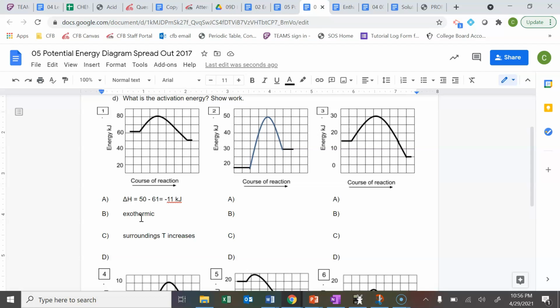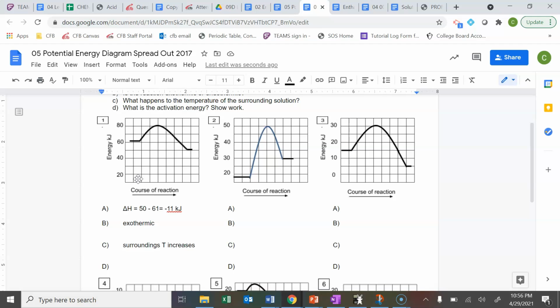And then the last thing is, what's the activation energy? And we want to show work on this. Well, the activation energy is the difference between what I started with, the reactants, and the top of that bump that we have to go over. That's the energy needed to kickstart the reaction to get us over the hill. So I would do 80 minus 61.